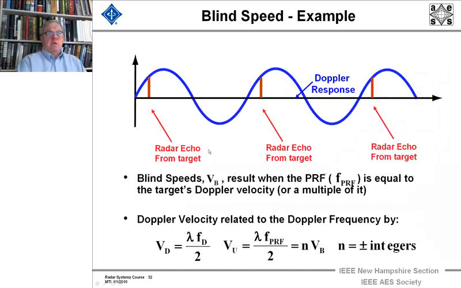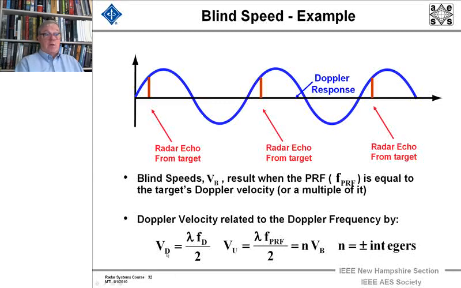Now let's look at another issue, and that's blind speed. And what I'm talking about are, again, another pictorial issue of the samples: a radar echo from target 1. Here's a radar echo from the target, and here's another radar echo from the target. The blind speeds result from the PRF being equal to a multiple of the Doppler frequency. And here it just shows you that the unambiguous velocity that you have is n times the blind speed, which is just this quantity here.